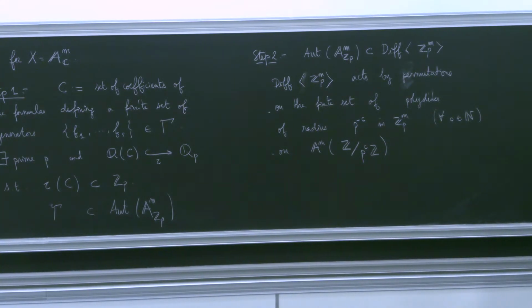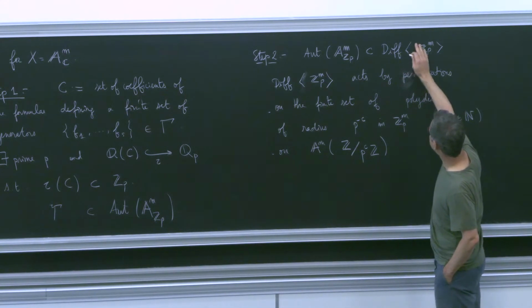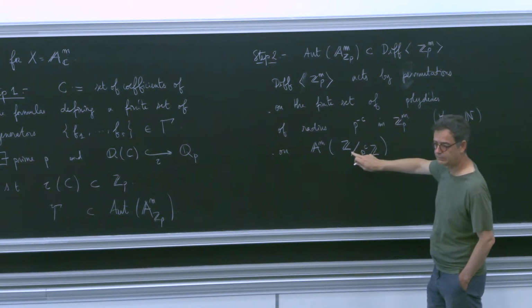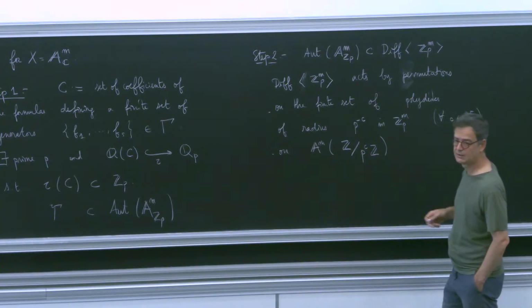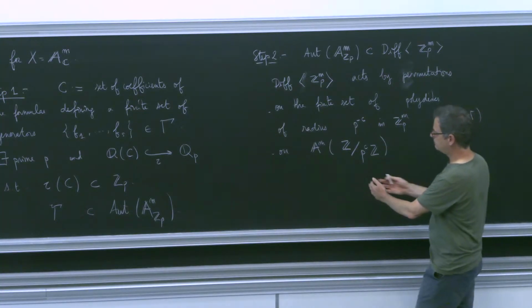Okay. So I get a sequence of homomorphisms from this group to the group of permutations of this finite set, a sequence parameterized by c. So I get a lot of homomorphisms to finite groups.